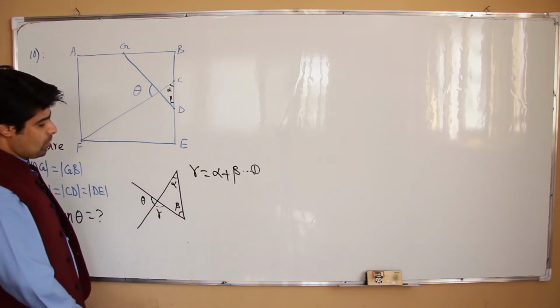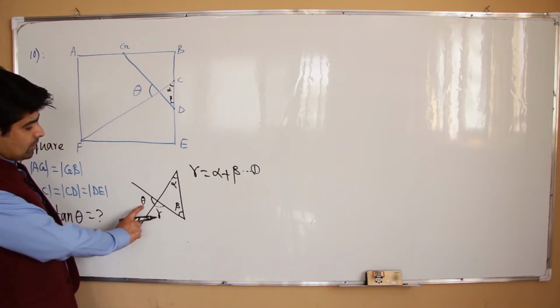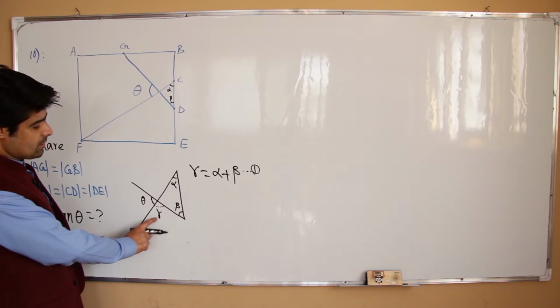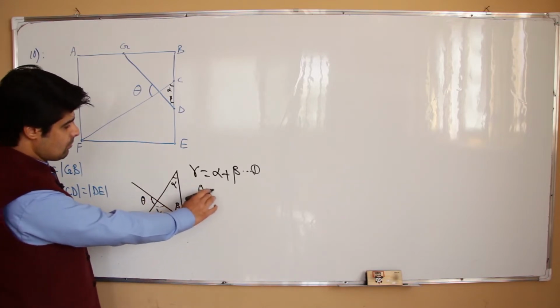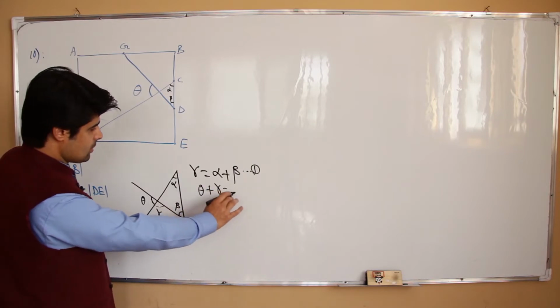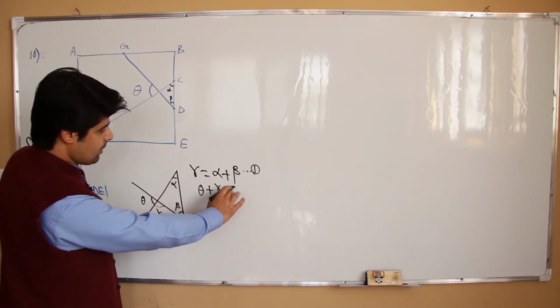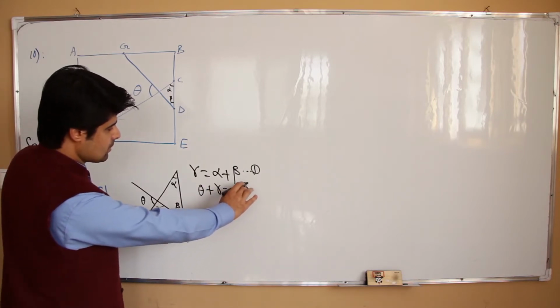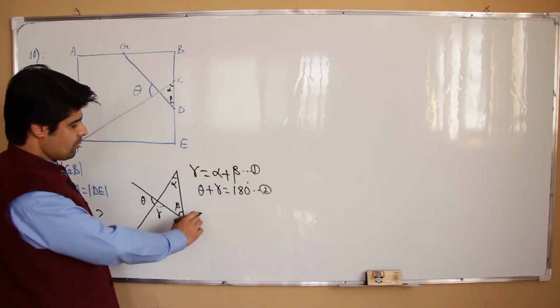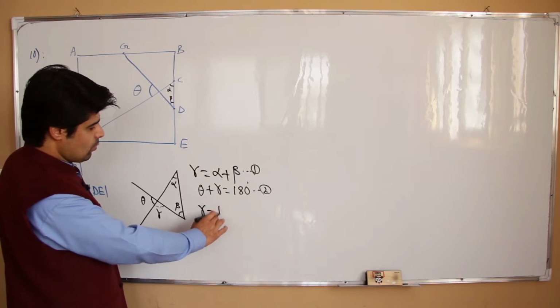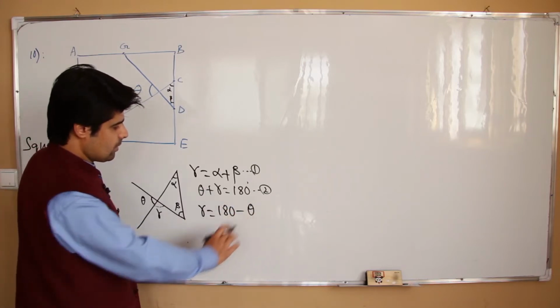One thing more, you know that theta and gamma is 180 degrees. Theta plus gamma is 180 degrees. Am I right or not? Yes. If I solve this for gamma, it would be 180 minus theta.